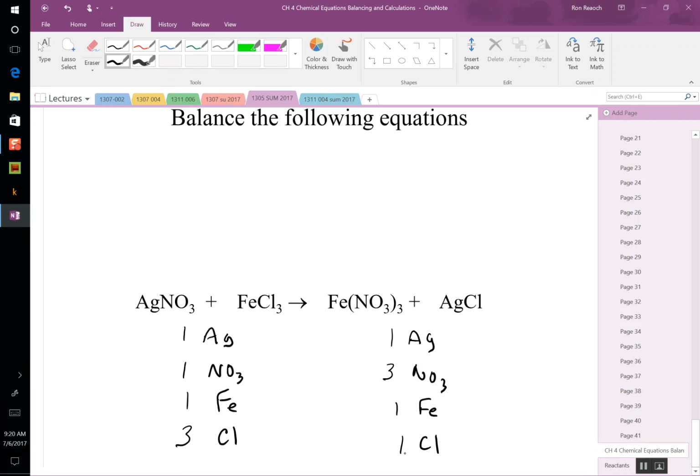So, let's start with the nitrates. I've got 3 nitrates here. So how many silver nitrates have to go into this reaction? How many? 3. So I'll put a 3 right here. Now I've got 3 silver nitrates. I got my 3 nitrates. Well, that gives me 3 silvers.